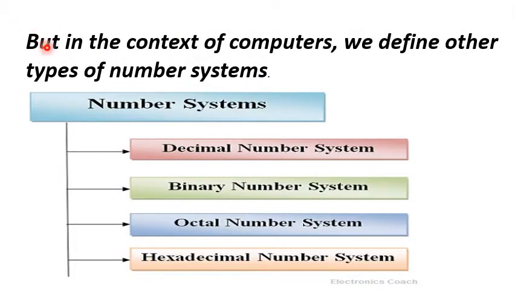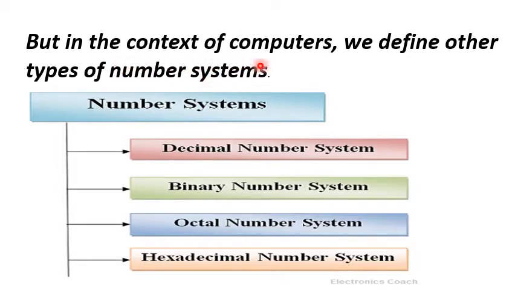But in the context of computers, we define other types of number systems. When we were talking about maths, you must have heard that there are natural numbers, even numbers, odd numbers, okay?